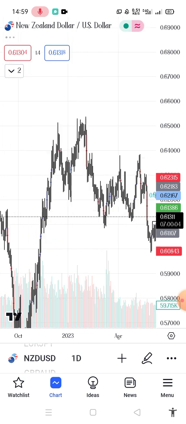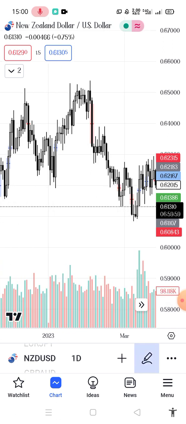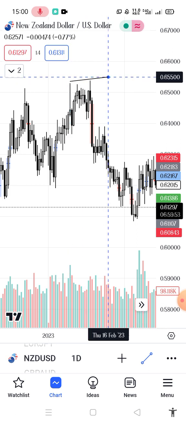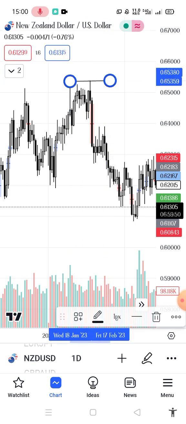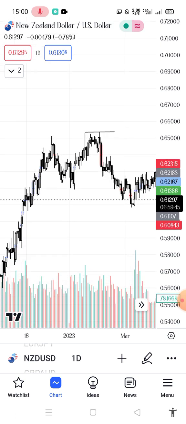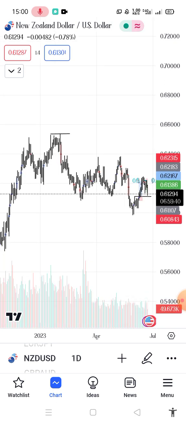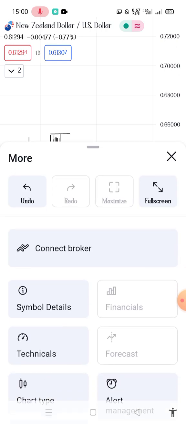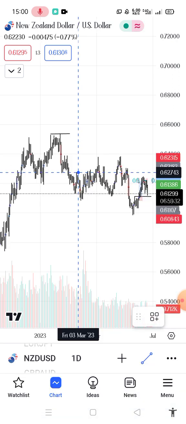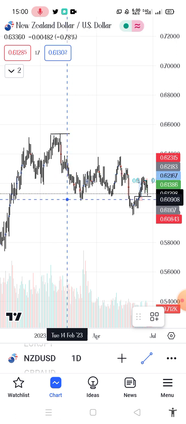So this here is a lower high. Sorry, that's the lower high. This is the lower low.